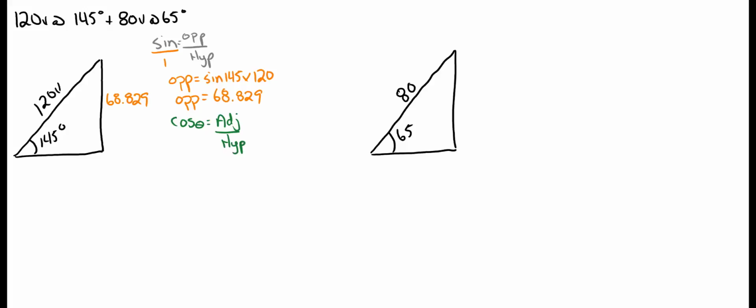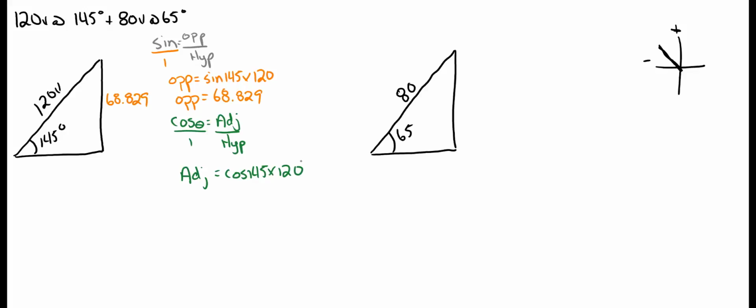Now when we're looking at this first phasor, it occurs at 145 degrees. If I was to really quickly graph that out, 145 degrees would occur in the second quadrant. So it would tell me I'd have a positive vertical, but I would have a negative horizontal. So as I'm performing the trigonometric function, I should be expecting a negative value. Really quickly, cross multiply. So my adjacent would be equal to the cosine of 145 times 120.